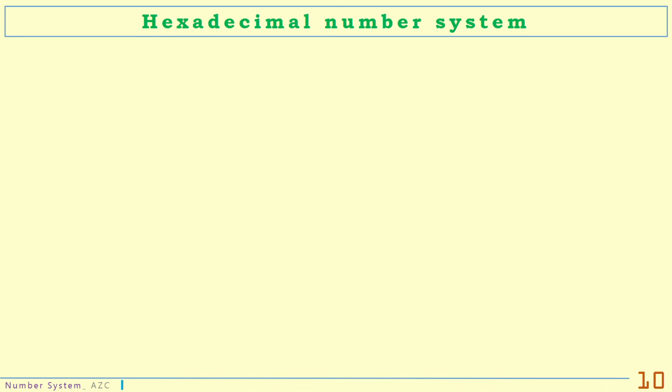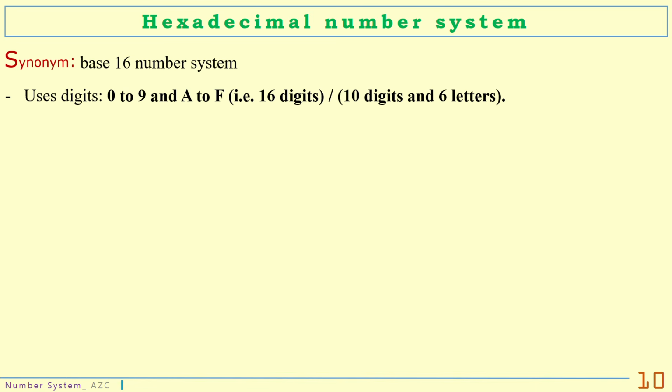Hexadecimal number system. Synonym is base 16 number system. It uses digits 0 to 9 and A to F. That means total 16 digits, 10 digits and 6 letters.